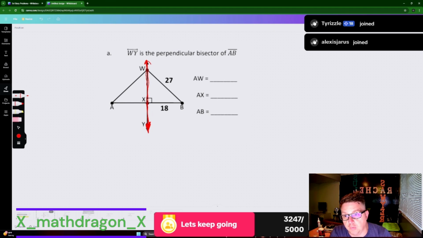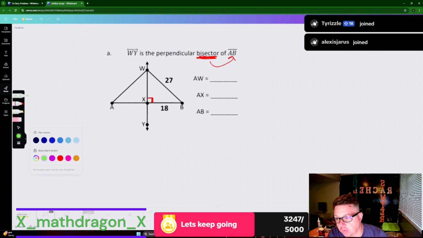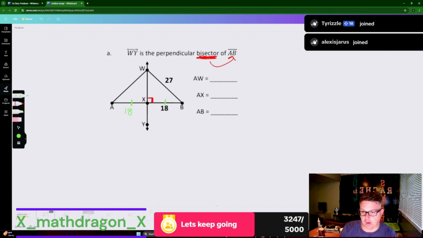So I don't know anything about XW and XY, but I do know that it's coming in at a 90-degree angle if it's a perpendicular bisector, okay? And it bisects this piece right here. That's how we know what is equal. So this side is going to be equal to that side, and if this side is 18, that's going to make that side 18, right?